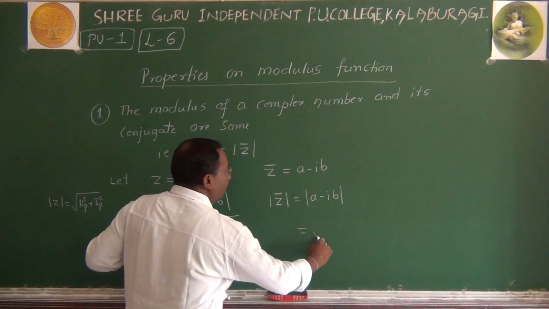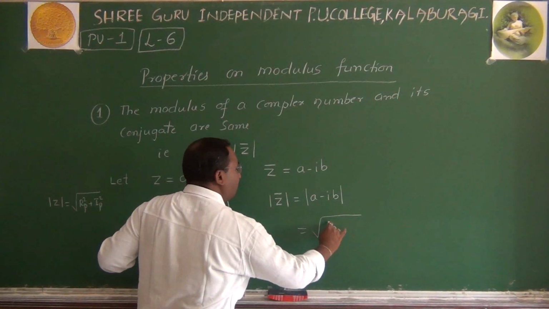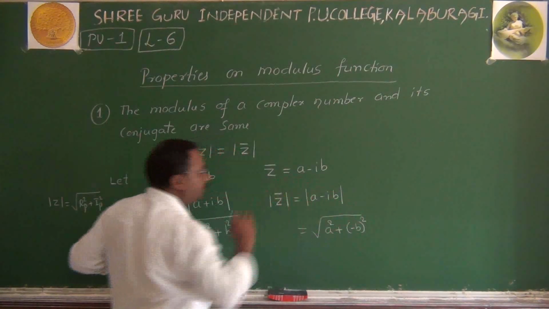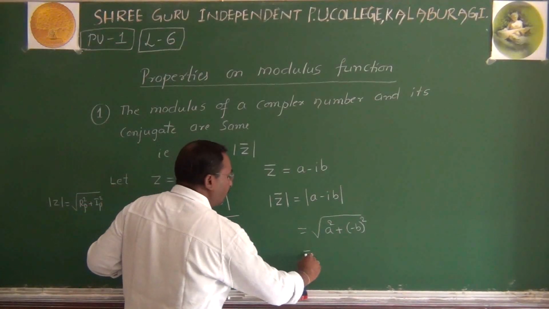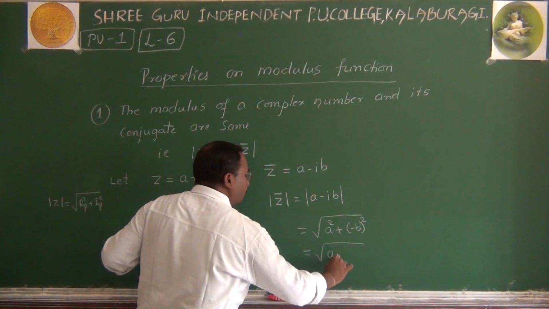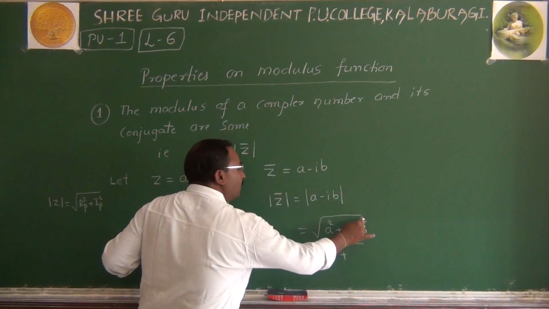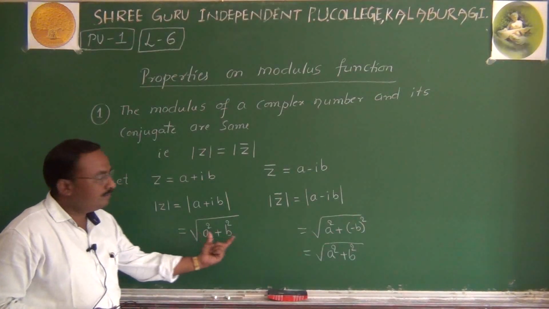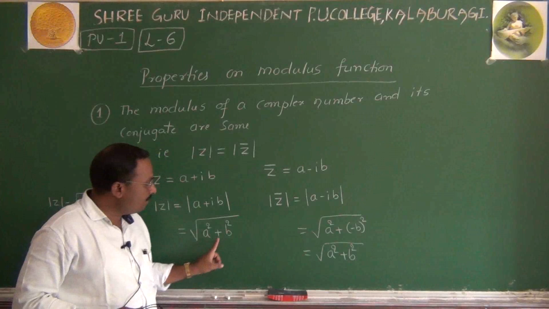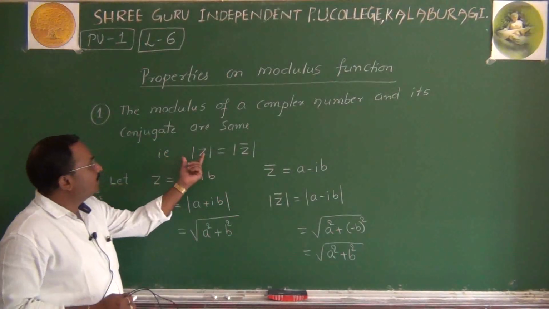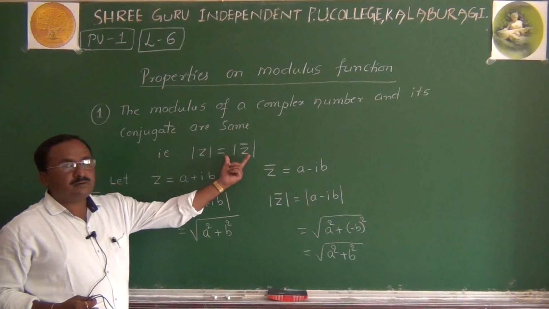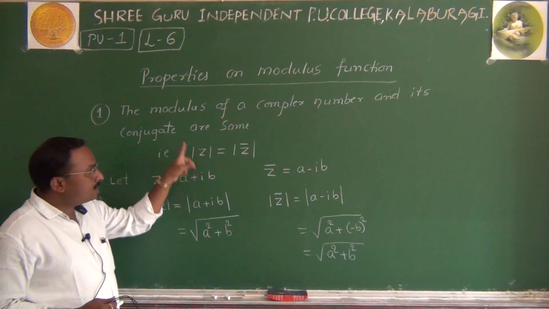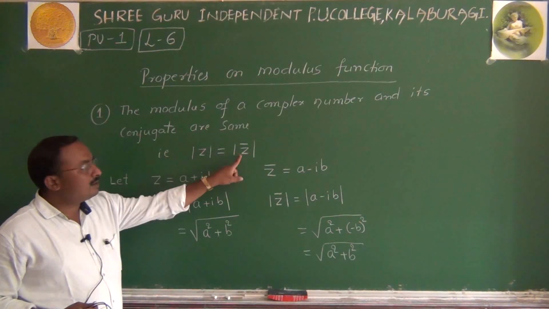For the conjugate, the real part is A, so A square, and the imaginary part is minus B, whole square, which is B square, always positive. The value is the same. Both are same. That is, modulus of Z is equal to modulus of Z bar. The modulus of a complex number and its conjugate are both same.